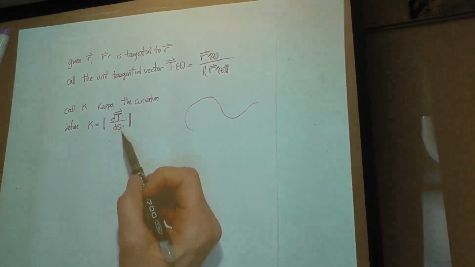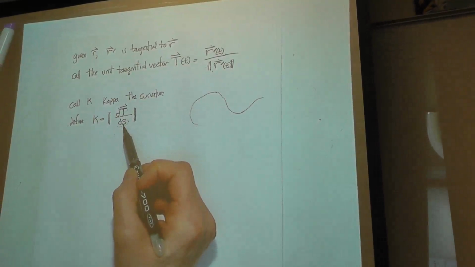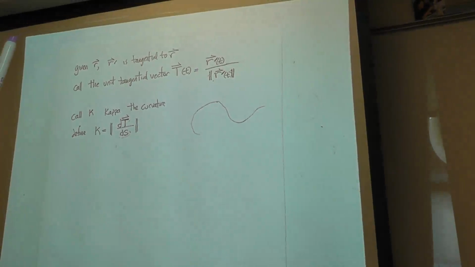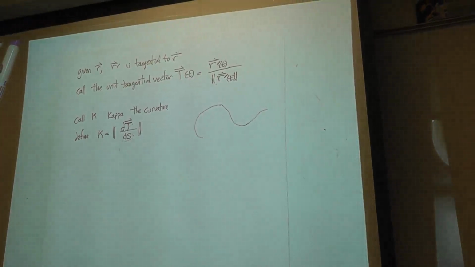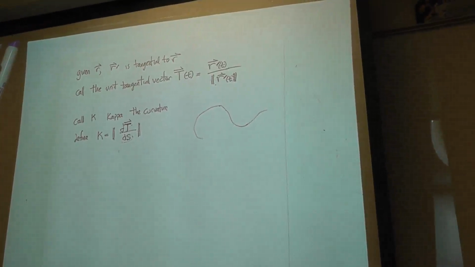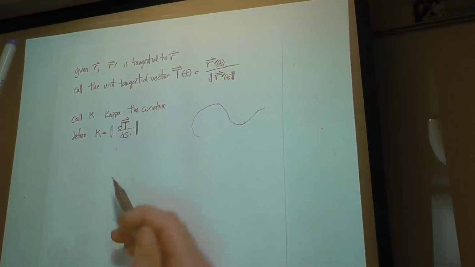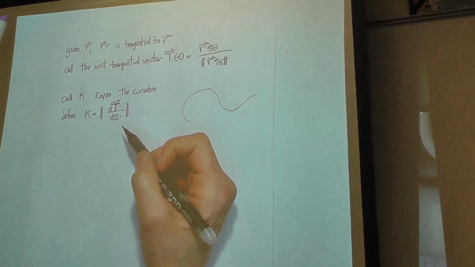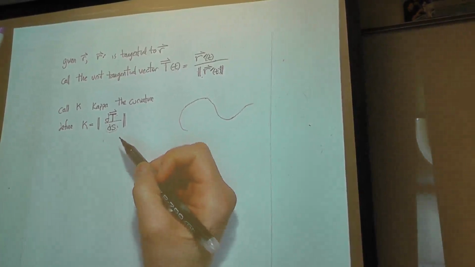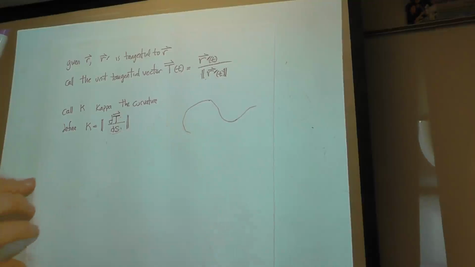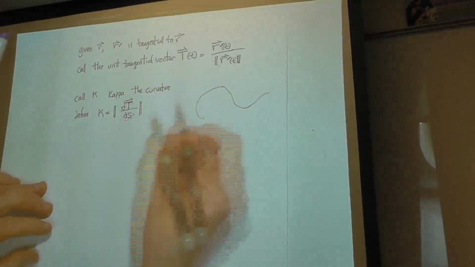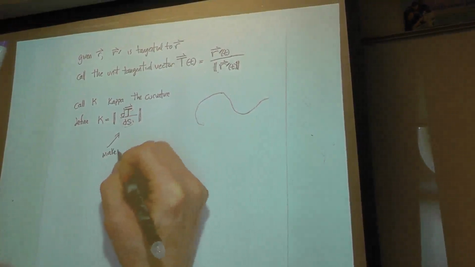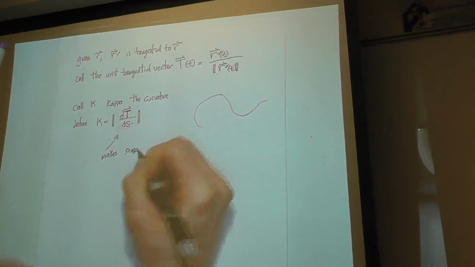The only problem is it's a pain in the neck to compute with, and I can't usually find out what S is. So what do we get? We get a number of different formulas. This makes sense, but it's hard to compute with.